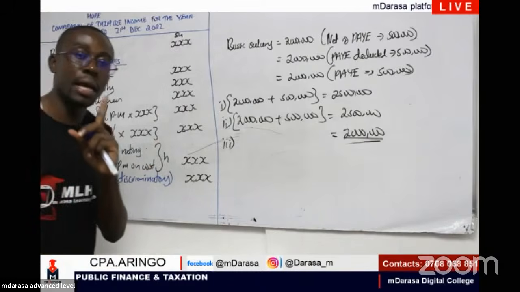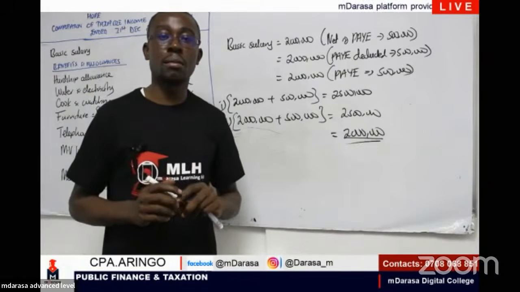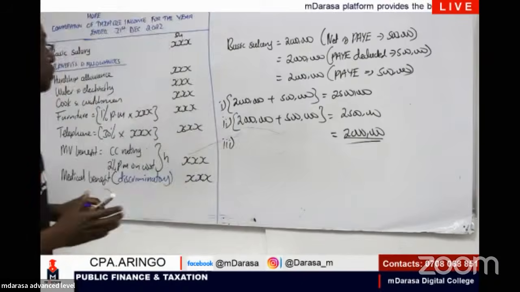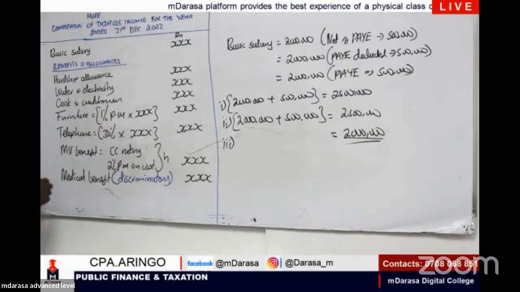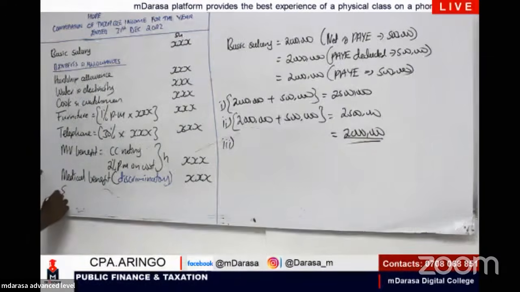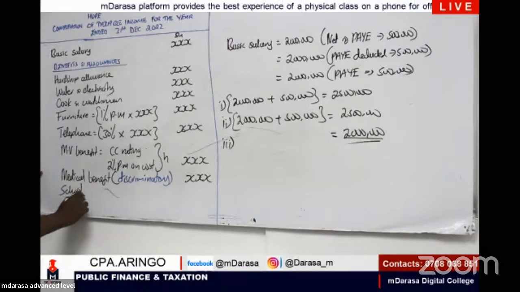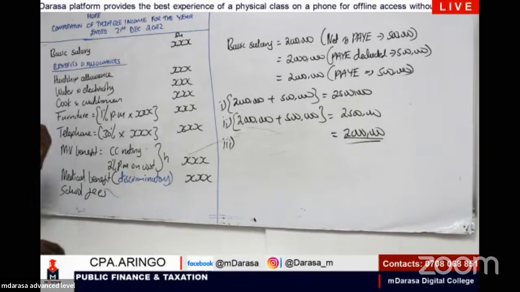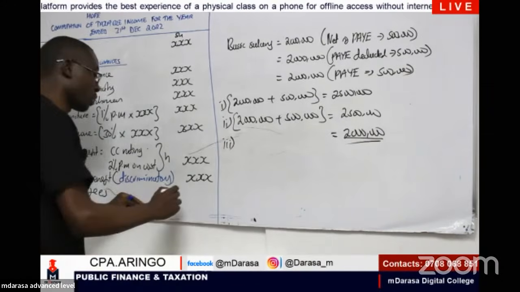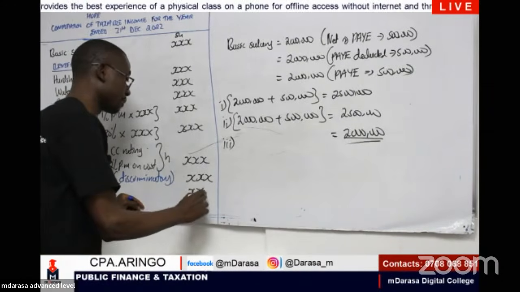Only discriminatory. And that's why we mentioned discriminatory is non-allowable, basically non-deductible. Then, in this case, of course, we'll also be talking about the aspect of school fees. School fees in this case, if it was not charged in the books of the employer, so therefore I'm going to put it here.